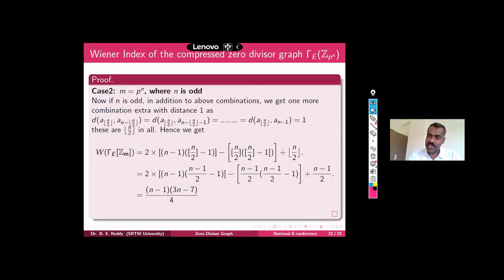Similarly for binary index, even though for the zero divisor graph the binary index of Zn is completely classified, for the binary index of the compressed zero divisor graph the cases still remain, other than p power n. So one may try with a few things, like p power alpha into q power beta. If you can get something interesting, then one can generalize easily using that.